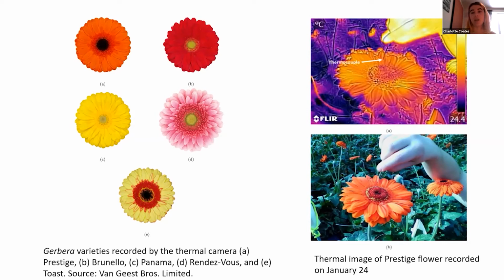On the right-hand side, you can see our image results from when we were taking thermocouple measurements and FLIR images at the same time. The scale on the right shows that the purple colors are colder than the yellow or warmer colors.